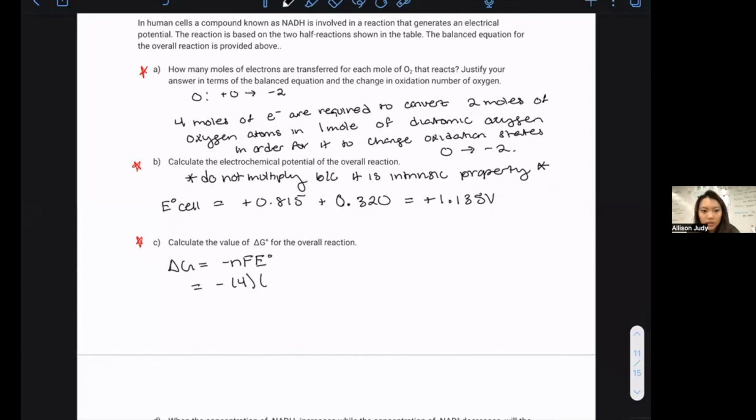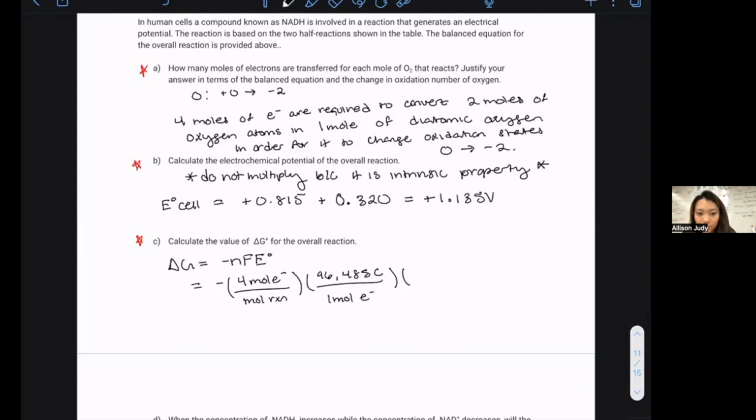That is equal to, and I forgot my units: -4 moles of electrons per mole of reaction, times Faraday's constant, which is 96,485 coulombs, a charge unit, per mole of electrons, times the electrochemical cell potential, which is 1.135 volts.